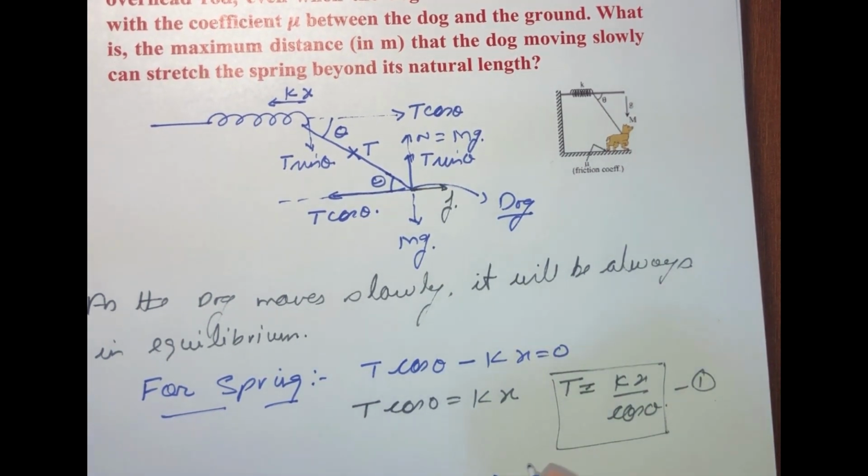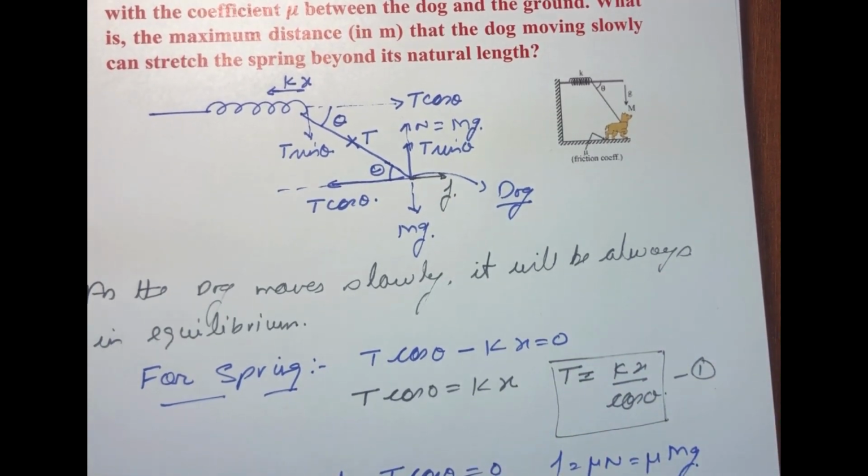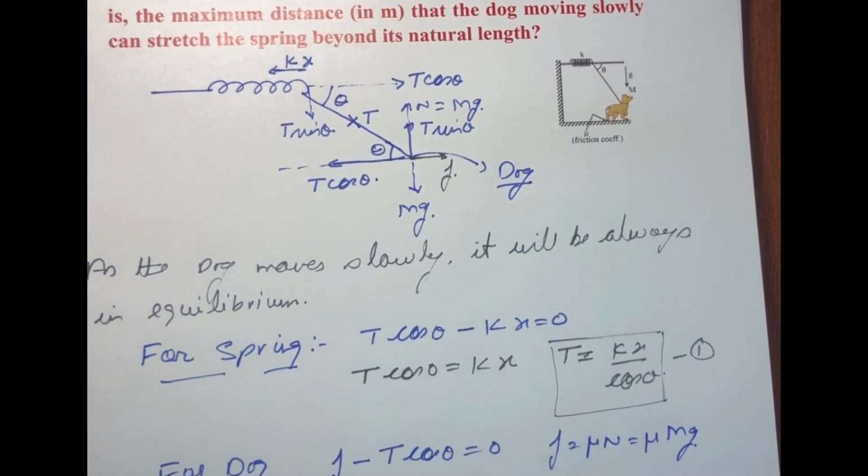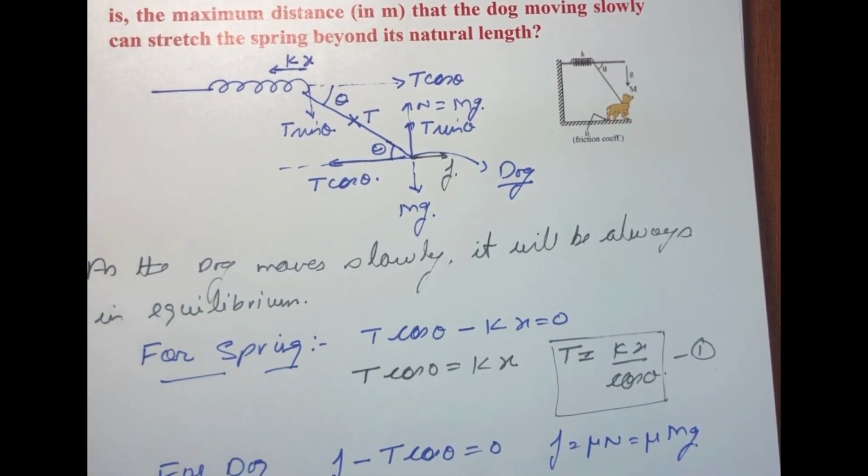We substitute f equal to mu n, and n is nothing but our mg. So putting f equal to mu mg in this equation, we get mu mg minus T cos theta equal to 0.